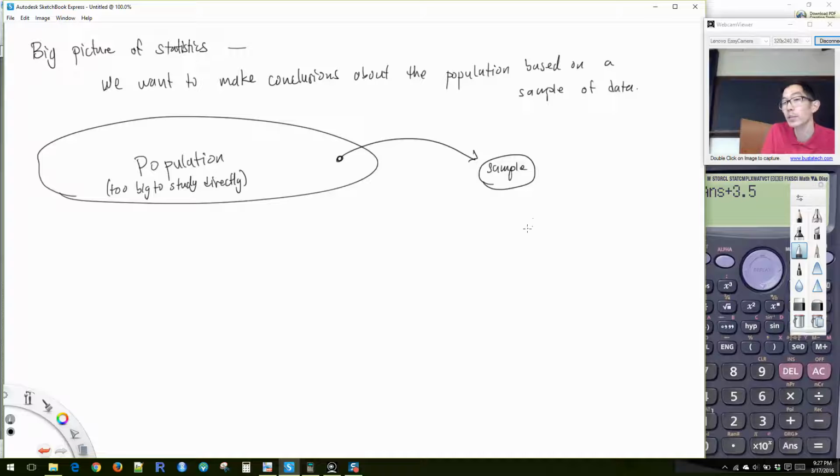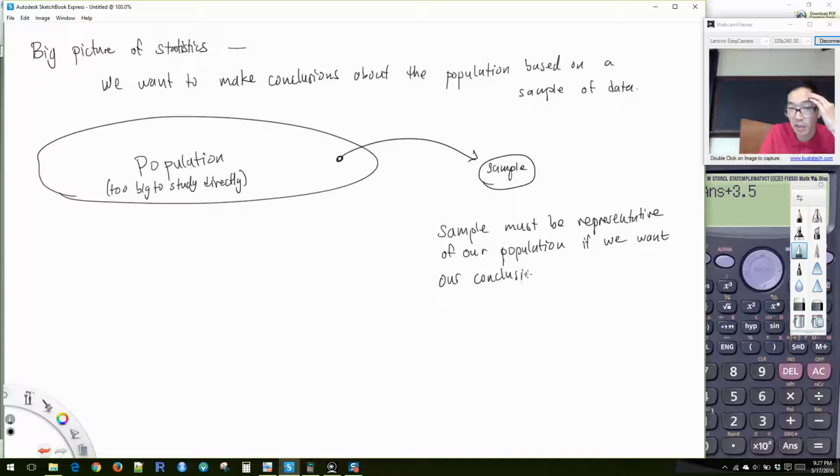It has to be representative, okay? So the sample must be representative of our population if we want our conclusions to be valid. Okay.